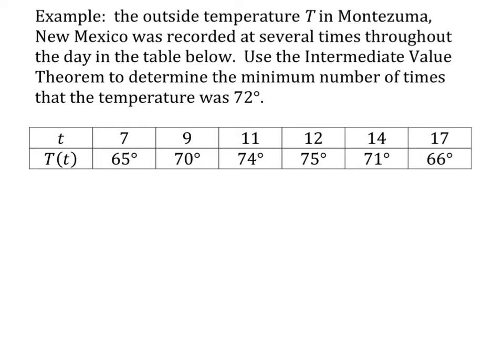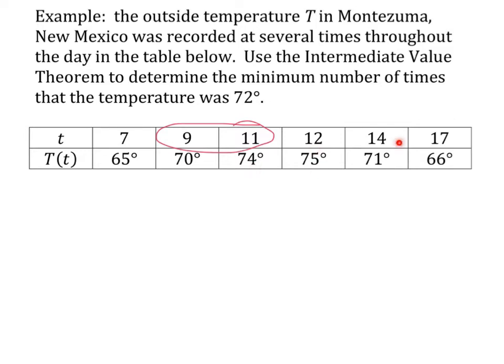Well, if we think about it, if the temperature was 65 degrees at 7 a.m. and then 70 degrees at 9 a.m., we must have hit every temperature between 65 and 70 along the way. Same deal here. Between 9 a.m. and 11 a.m., we hit every value between 70 and 74, which means somewhere in between 9 and 11, the temperature must have been 72 degrees. Then between 11 and 12, we went from 74 to 75.